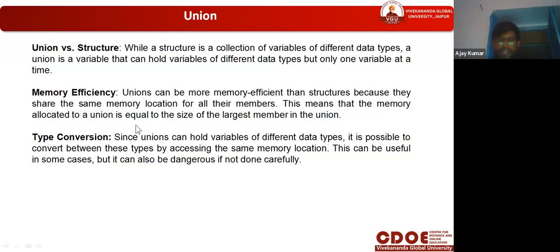Type conversion means changing the data type. We use an integer and we use a character, but we want to change integer to character. This type of conversion is called type conversion. Since a union can hold variables of different data types, it is possible to convert between these data types by accessing the same memory location. This can be useful in some cases, but it can also be dangerous if not done carefully.